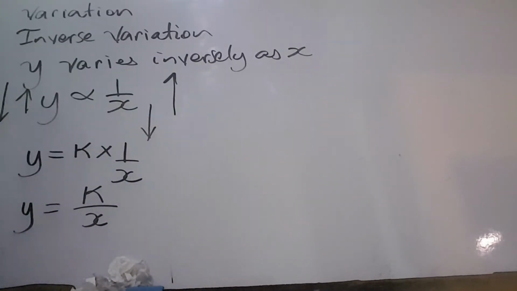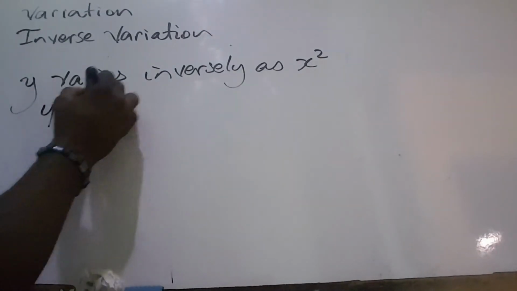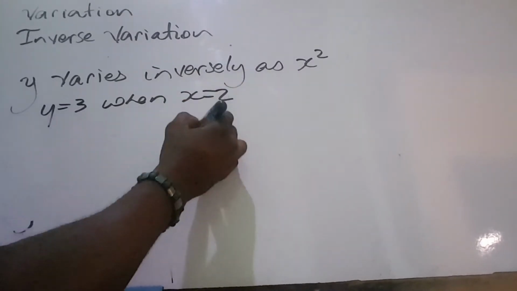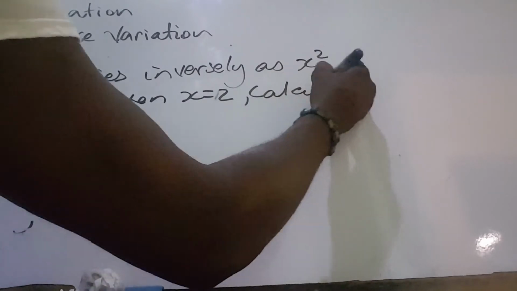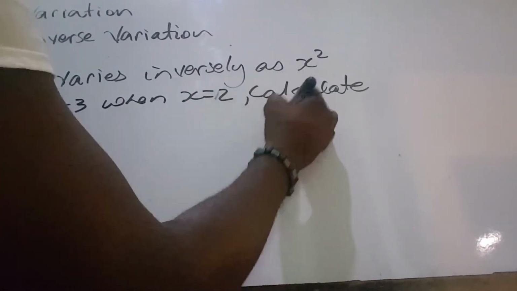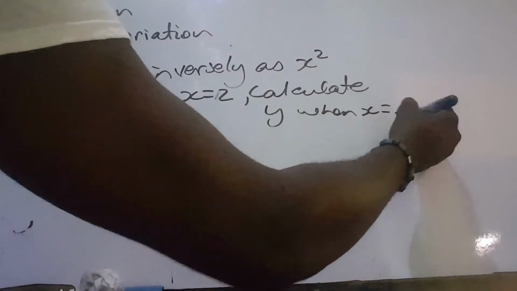For example, what if we have a case where y is equal to 3 when x is equal to 2? They intend that we need to calculate y when x is equal to 3.